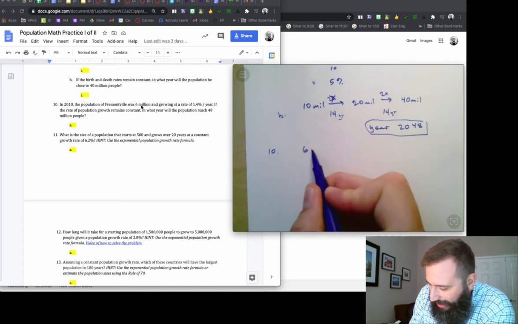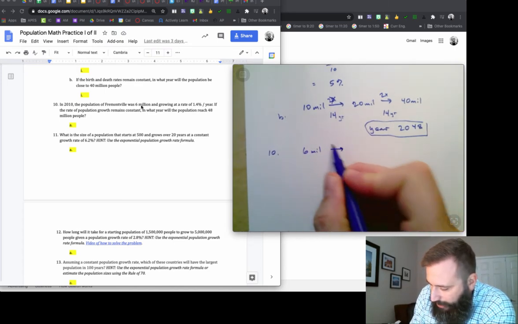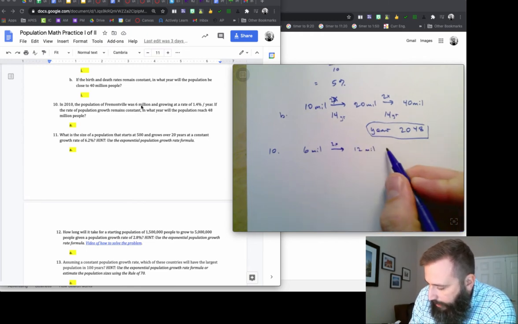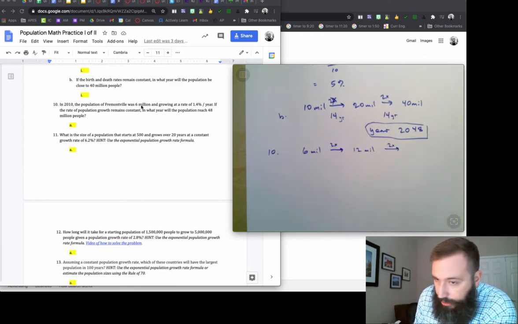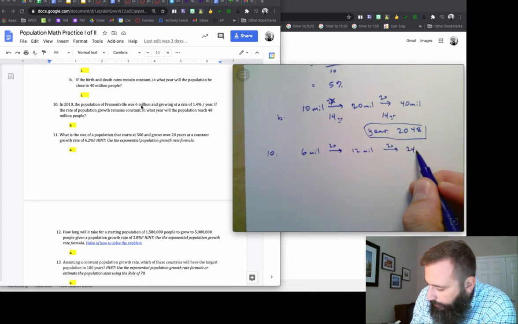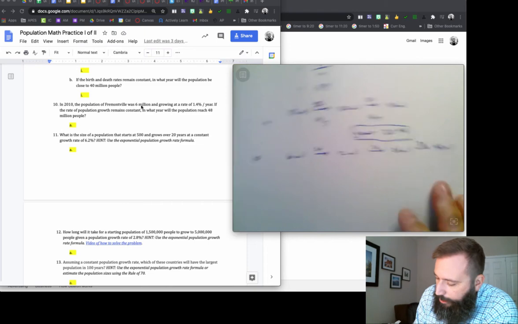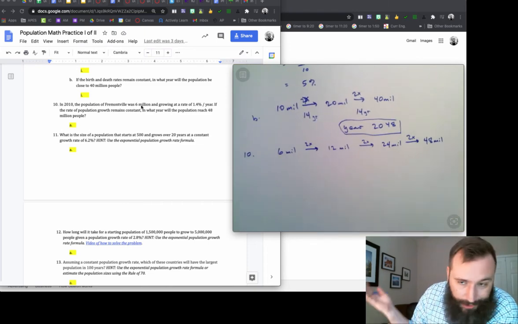We're going to go from 6 mil, doubling in time, to 12 mil. And then we'll double that population, assuming 1.4% throughout. We'll go to 24 million. And we're going to double that again to 48 million. So now we're doing 3 doubling times, right?